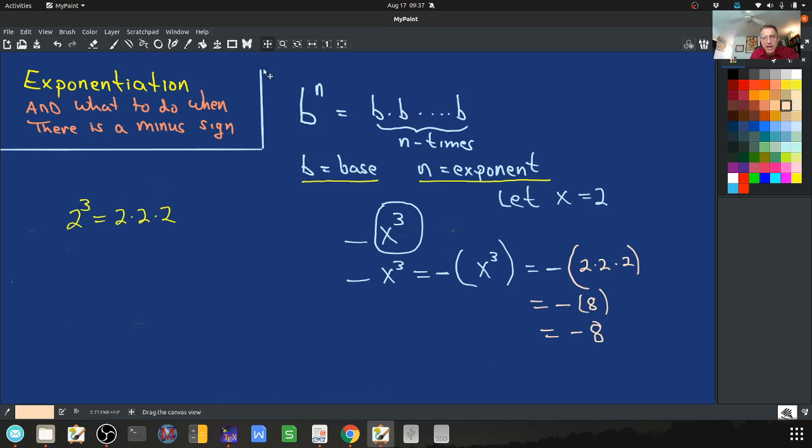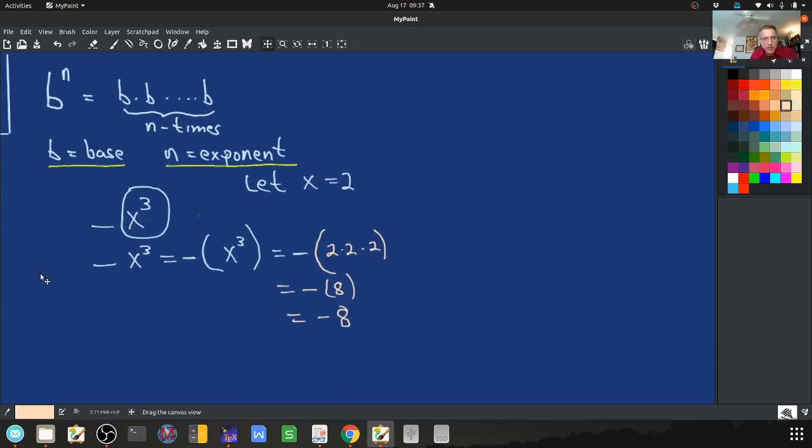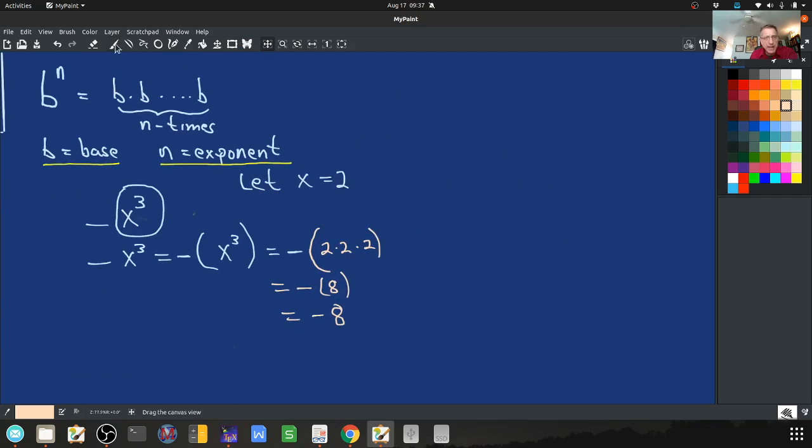So now let's see what happens when we do the other case. When we do the case for x equal minus 2.